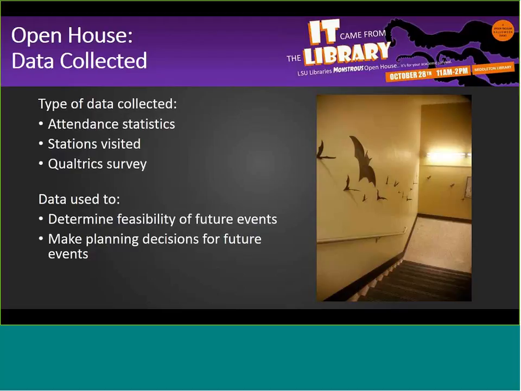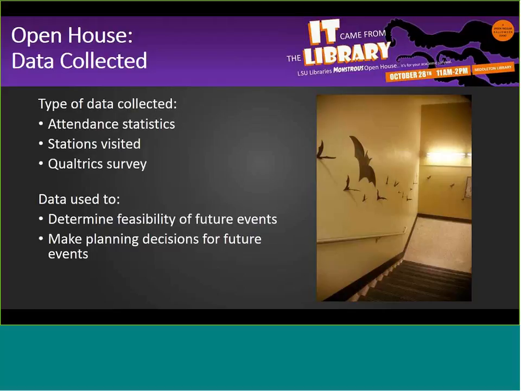And we also had attendance data from each station. The students visited the different stations and they put a sticker on their passport. And so when they turned those passports in at checkout, that's how they got entered into the drawing. And so we were able to tell how many students were visiting each station.